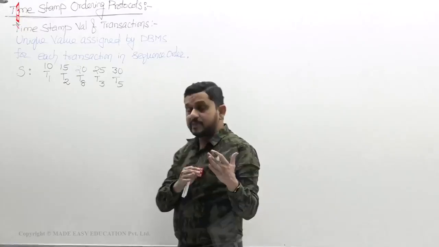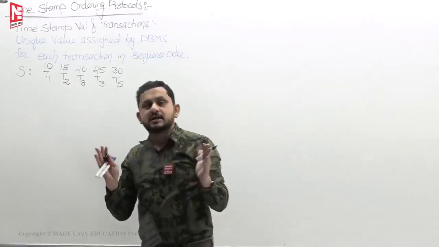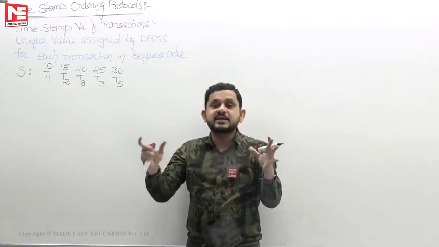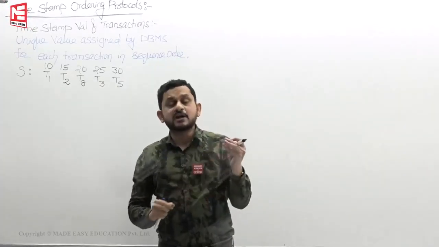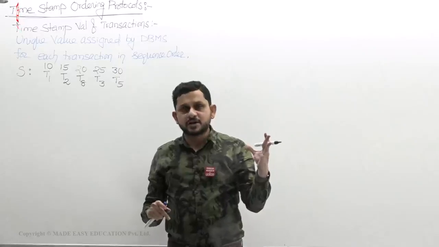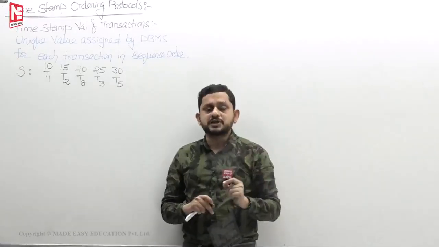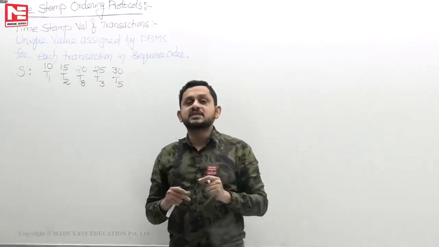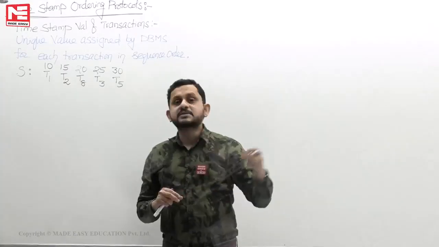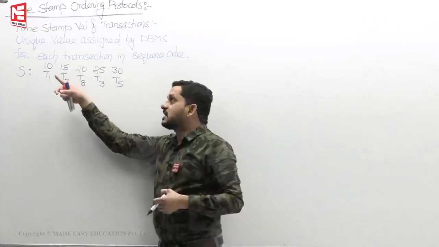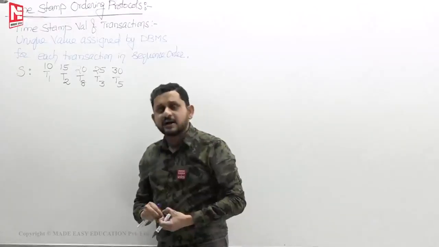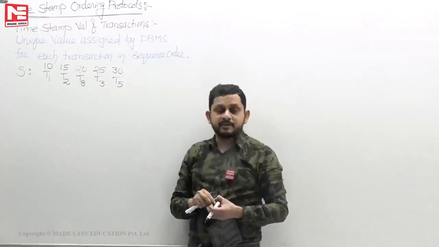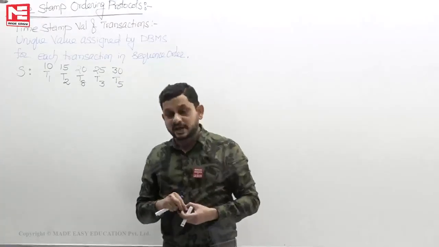So timestamp is simply the transaction's begin time, the time at which it begins execution. Whenever a transaction begins its execution, that time is called the timestamp value. I just wrote 10, 15, 20, 25, 30 as integers, but it can be a date and time down to milliseconds.